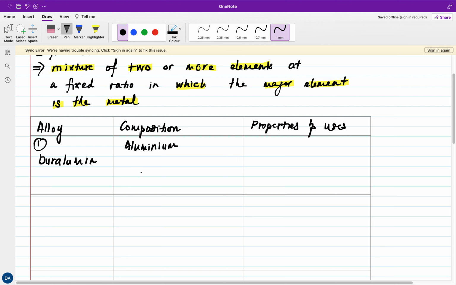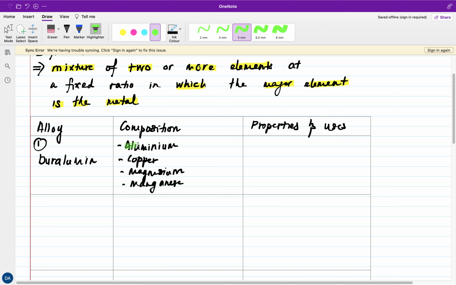And then the other minor components will be copper, magnesium, and manganese. So the main component will be the one which is highlighted, that will be the aluminium, and the foreign particles which are added, this will be the addition. Okay, foreign atoms.